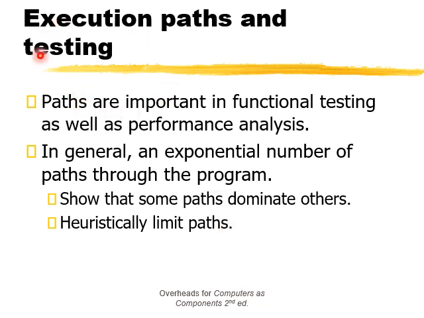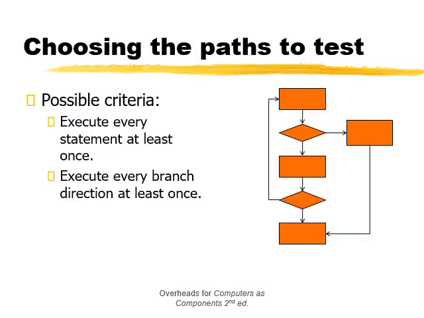So let's see an example of execution paths and testing. In this slide we will talk about two possible choices for a set of paths to test. Number one is to execute every statement at least once. These are statements in rectangular boxes, and these are directions in branches. So we are going to test each branch direction at least once, and we are going to check each statement at least once.